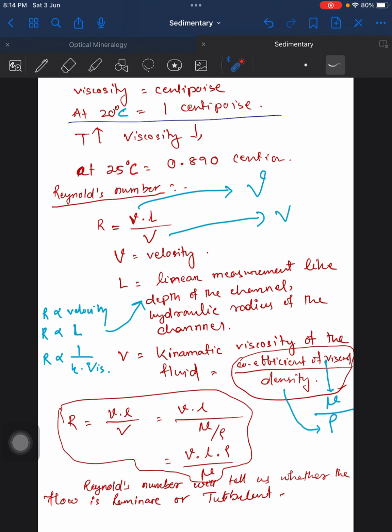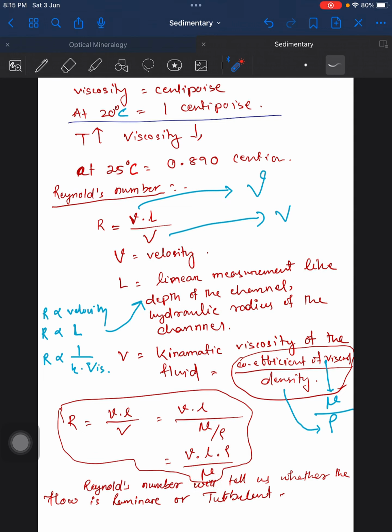We keep the upper portion the same, but this kinematic viscosity we replace with this term. So finally the Reynolds number becomes V into L, any linear parameter like depth of the channel or hydraulic radius of the channel, and ρ, the density, divided by μ. Mu is the coefficient of viscosity.